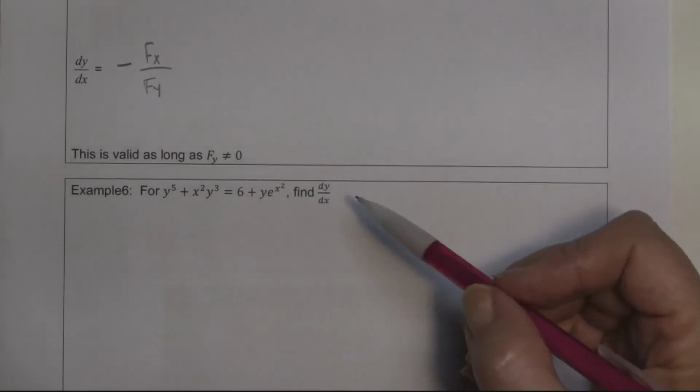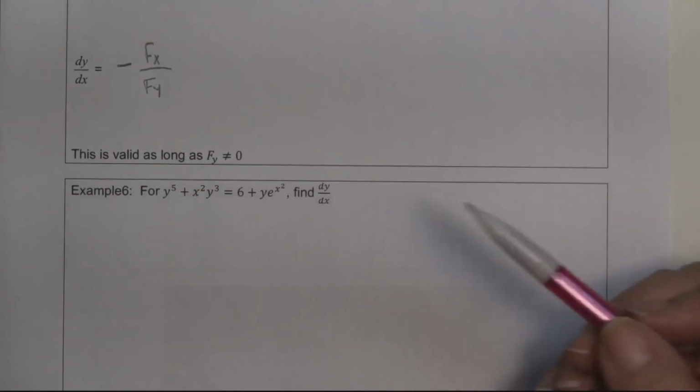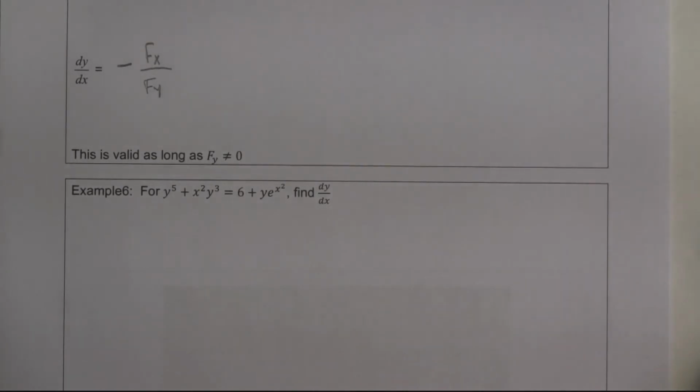So they're asking me here to find dy/dx. And we would have done this by implicit differentiation in Calc 2. No problem. I wouldn't say Calc 1 because we didn't do e in Calc 1. But otherwise, we would have.